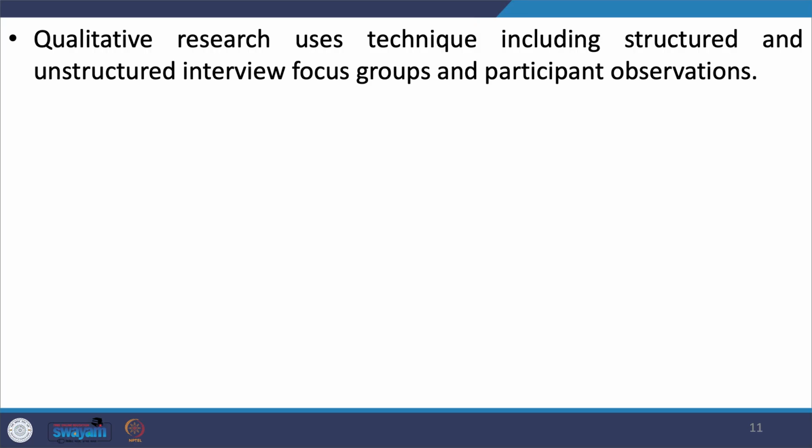Now, talking about qualitative research, which can function as a standalone research design or be combined with quantitative research to enhance our understanding of the world, qualitative research uses techniques including structured and unstructured interviews, focus groups, and participant observation, not only to help generate hypotheses that can be more rigorously tested with quantitative research, but also to help researchers delve deeper into the quantitative research numbers, understand what they mean, and understand what the implications are.